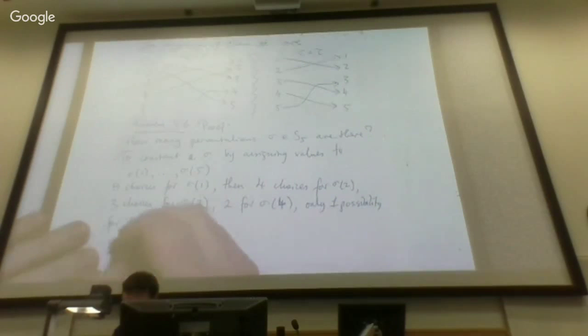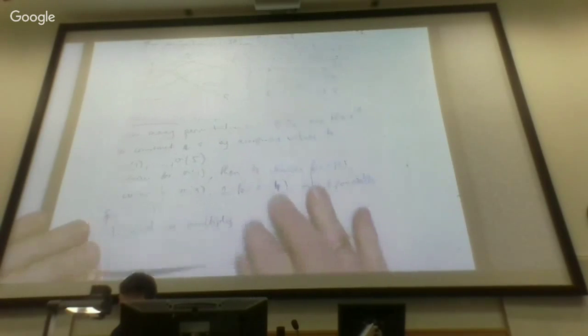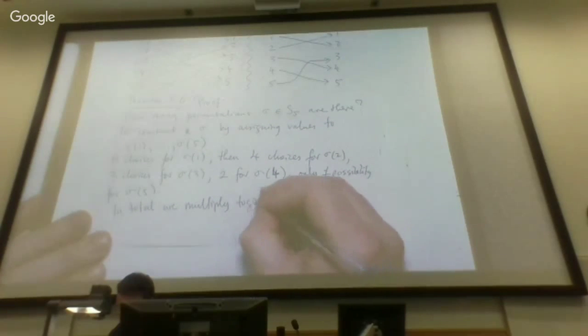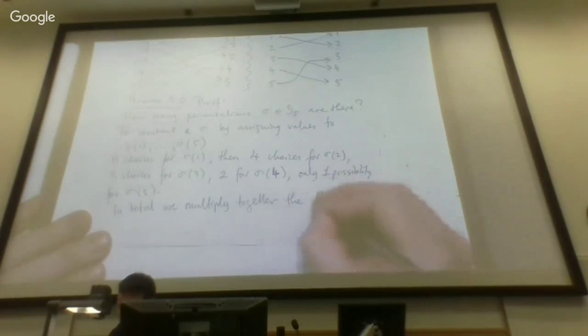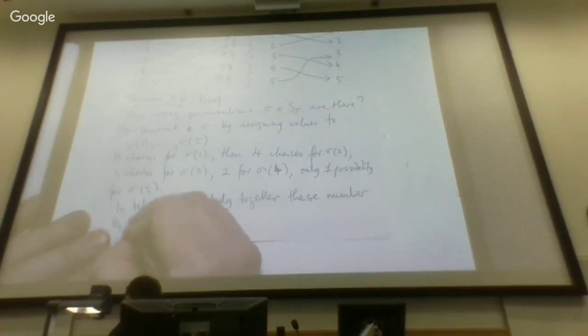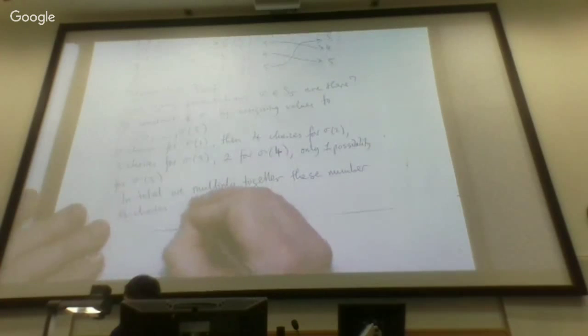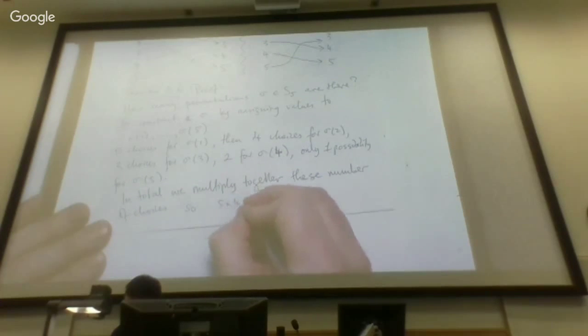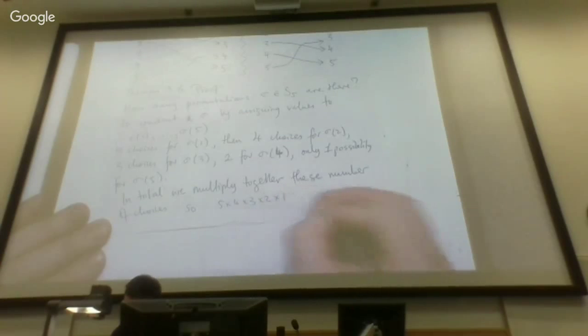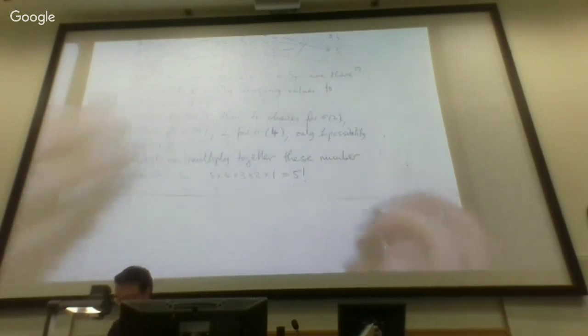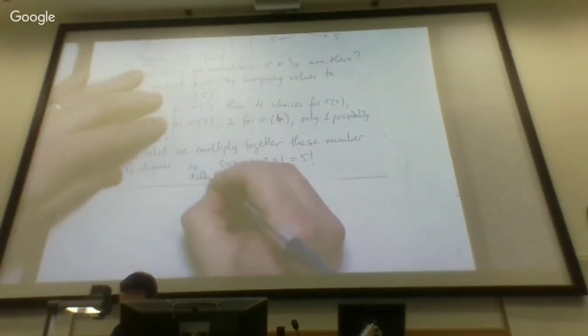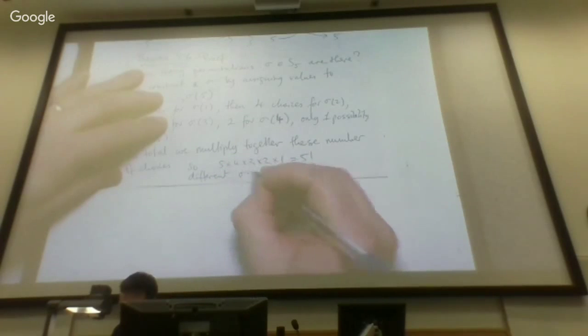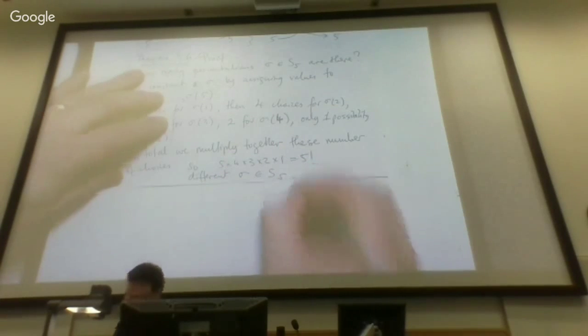But in total, we multiply together these numbers of choices. So 5 by 4 by 3 by 2 by 1, which is equal to 5 factorial different sigmas in S5.